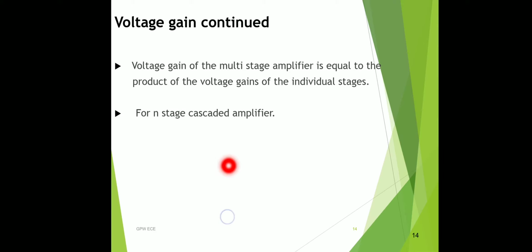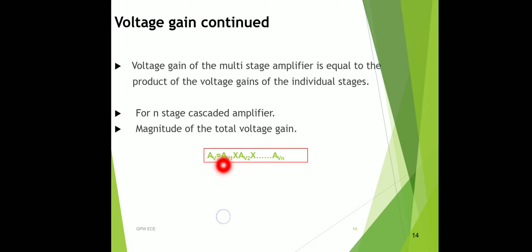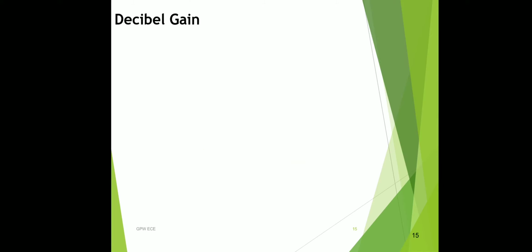For an n-stage cascaded amplifier, the magnitude of the total voltage gain is A_V equals A_V1 into A_V2 and so on up to A_Vn. If it is a two-stage amplifier, the voltage gain equals the voltage gain of the first stage into the voltage gain of the second stage.